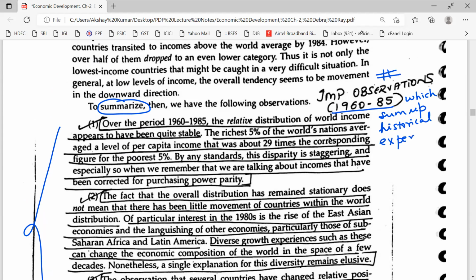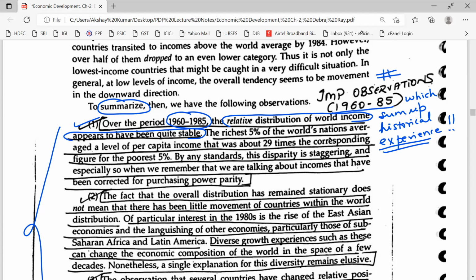Important observations from 1960 to 1985, which sum up the historical experience. Point number 1. Over the period 1960 to 1985, the relative distribution of the world's income appears to be quite stable.